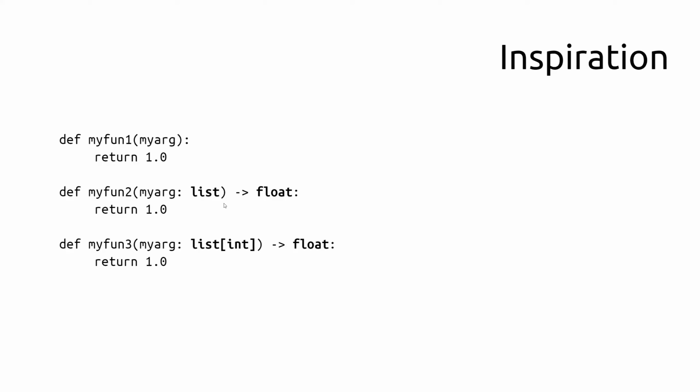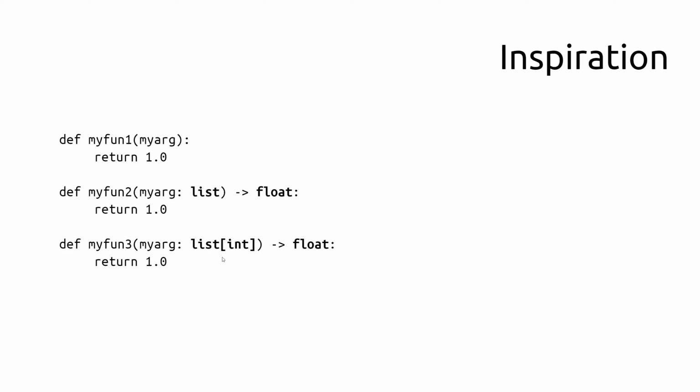But this is also a little bit ambiguous. Maybe you don't accept all sorts of lists. Maybe you only accept lists of integers. Otherwise, your function might not work. So then how would you specify that? You can specify it like this. You specify it as a list of integers for this argument.